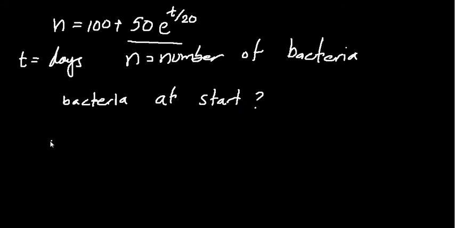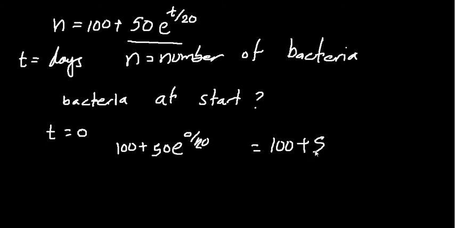You'll have to make T equal to 0, so that's 100 plus 50 e to the power of 0 divided by 20, which is 100 plus 50 e to the power of 0. E to the power of 0 is 1, so 1 times 50 is still 50, so the number of bacteria that you had right at the start was 150.